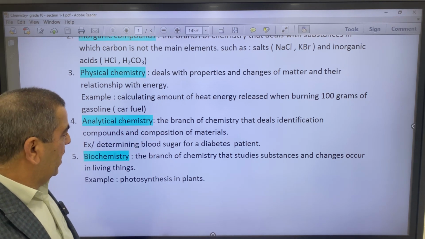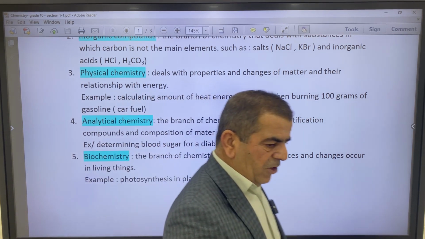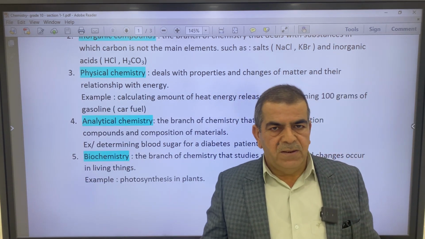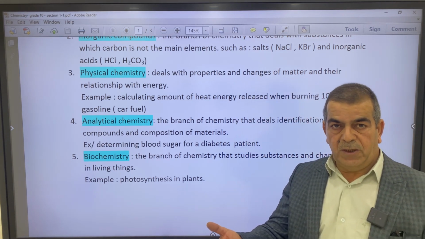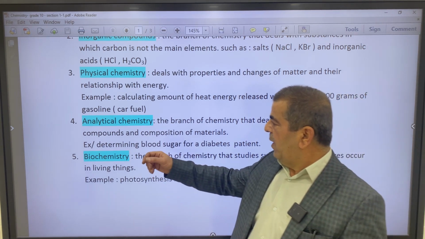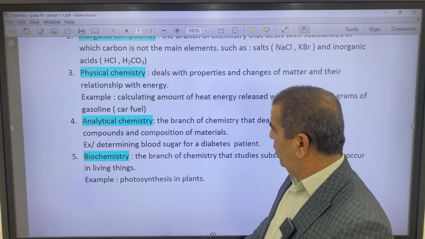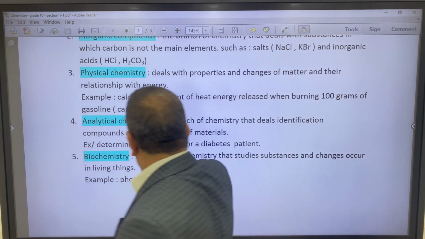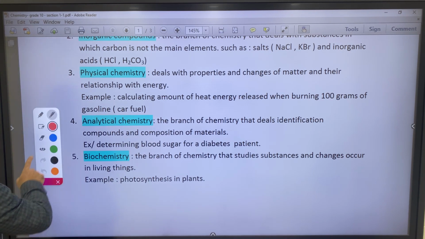But in our daily life, a patient visits his doctor, and his doctor refers him to the laboratory. He goes to the lab, and the lab technician makes some tests in order to determine the sugar in his blood.